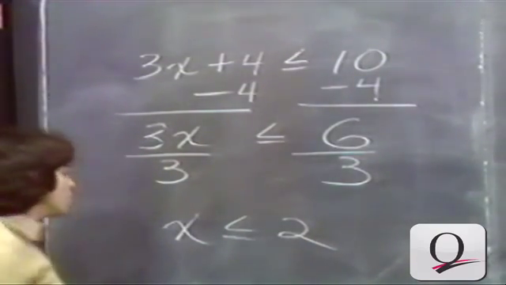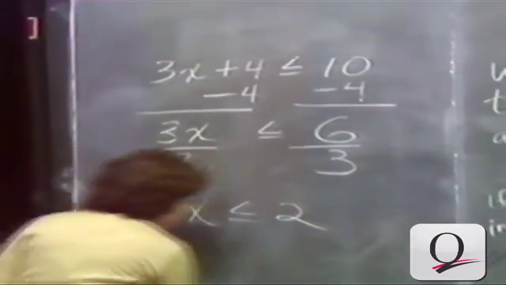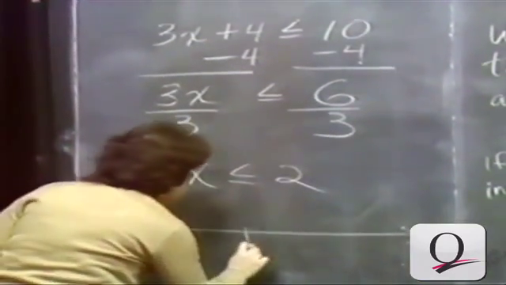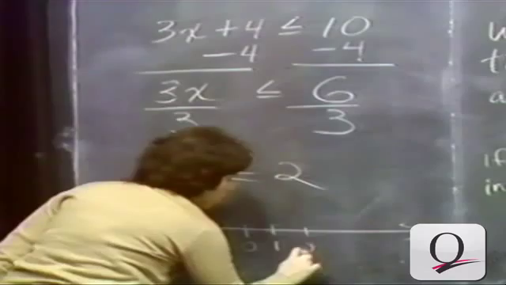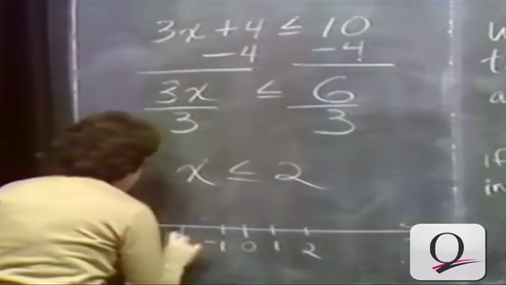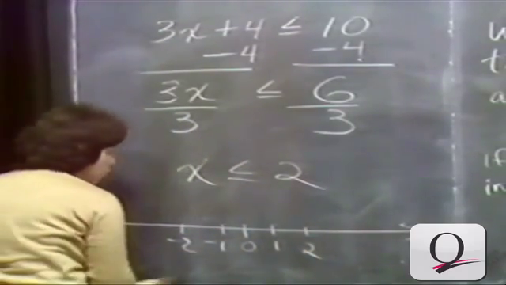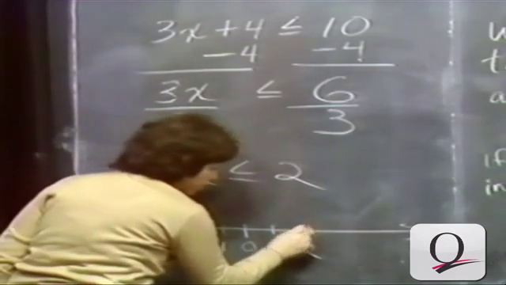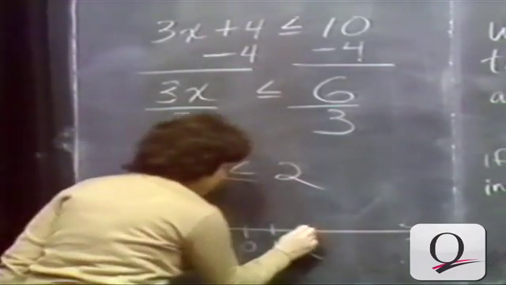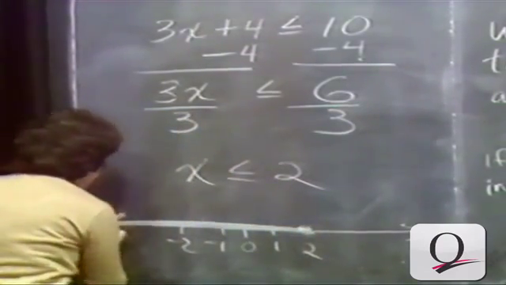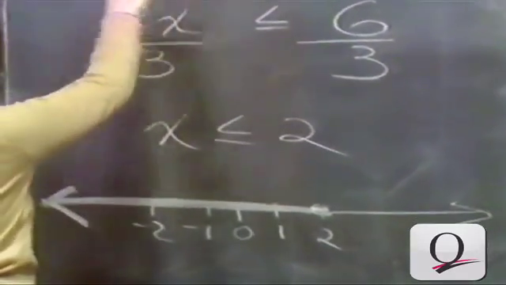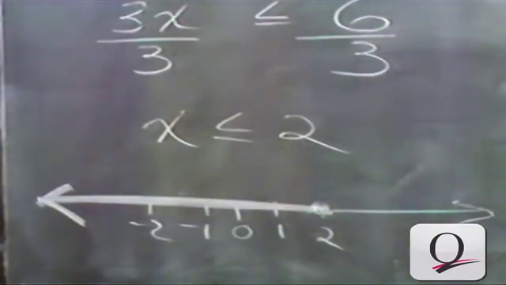This is the solution, and of course you can graph this solution. We have all those values of x, 2 and smaller. That's where all the x values are that make this original inequality a true statement.